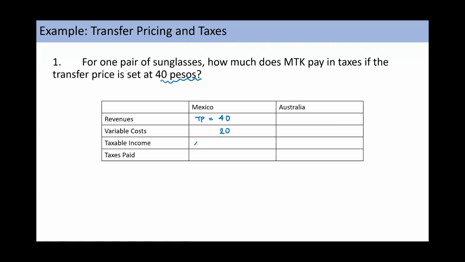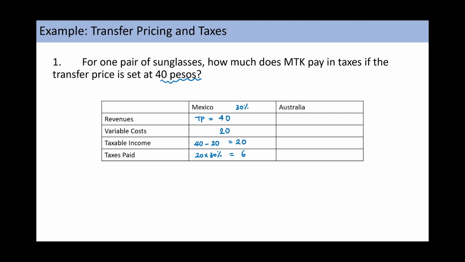So the taxable income in the Mexican office for one pair of sunglasses is 20 pesos. And with a tax rate of 30%, MTK would be paying 6 pesos as tax to the Mexican government.